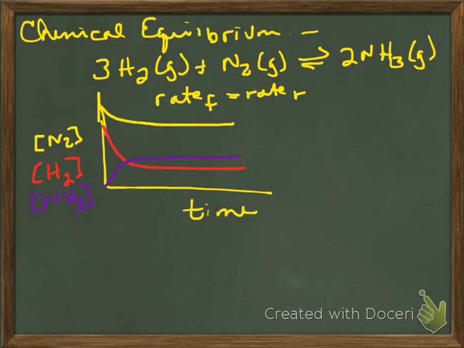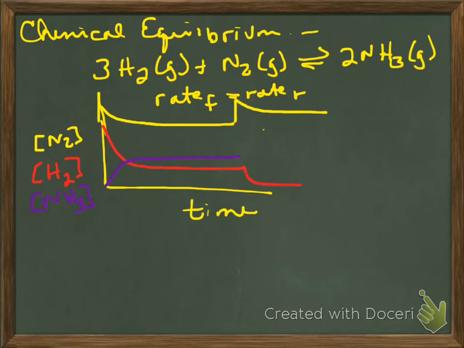All right, so say at a particular point in time in this graph, I make a change to the nitrogen and I add some to my system. Nitrogen then will react. It's going to react with some hydrogen.